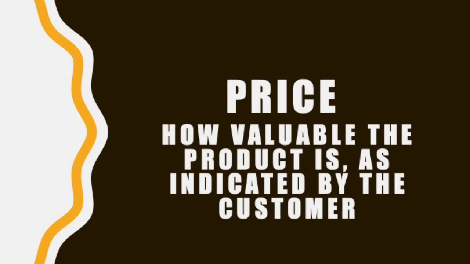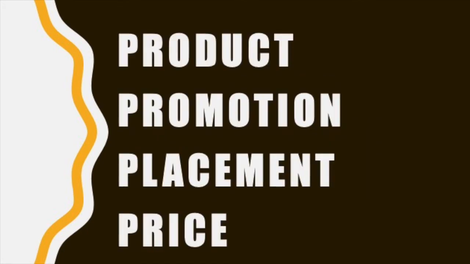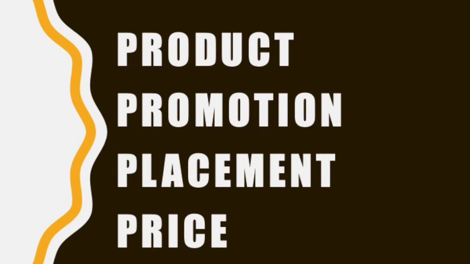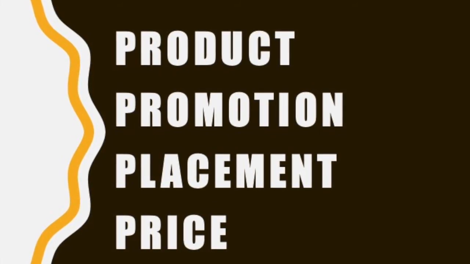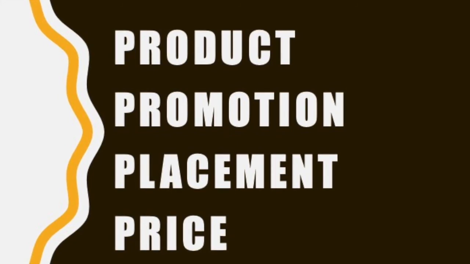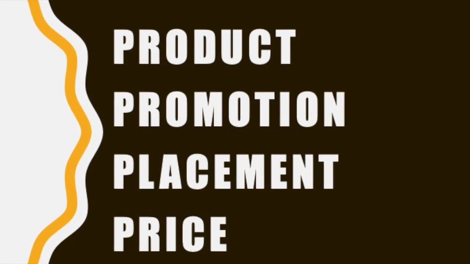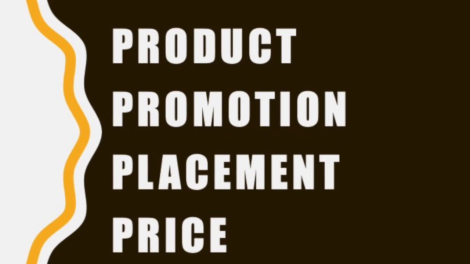Okay, so hopefully this video has helped you understand the marketing mix a little better. To recap, we have 4 P's. There's the product, which includes the good or service, but there's also the augmented product, which really tells us what we're actually selling. The second P is promotion. This is how we're going to communicate the benefits of our product to the consumers. The third P is placement.